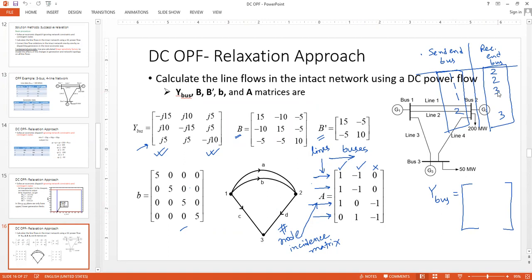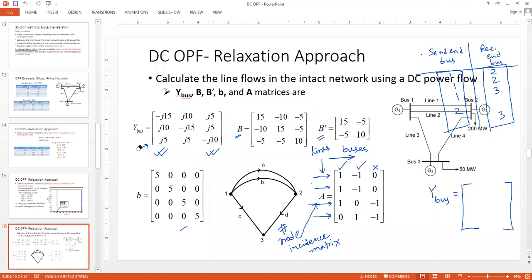Bus number 3 is the receiving end, so it is -1. The remaining one is line number 4, denoted by D with an arrow, which means the direction of the flow. There is no bus 1 here in line number 4, but we have bus 2. It is the sending end bus, and bus 3 is the receiving end bus, so -1. So this is how we are going to end up with this A matrix.